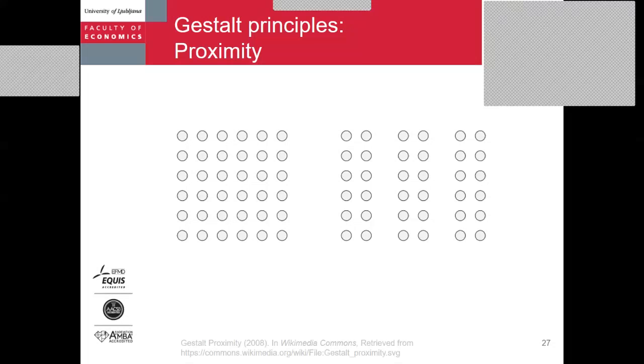Very good, thank you. So the idea is you still have the same number of dots, but as some dots are placed physically closer, you take them as a group, and this is the principle of proximity. Now, how is this useful in data visualization?